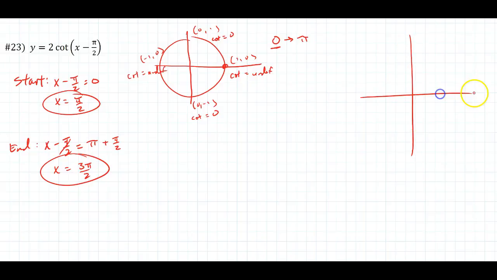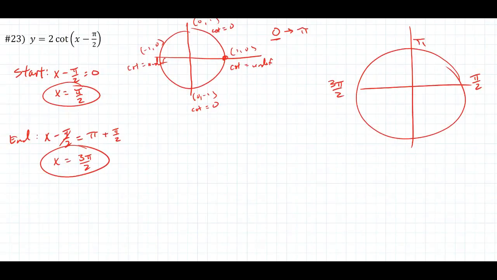So on our unit circle, we start at pi halves and end at 3 pi halves, so this has to be pi. That's good news because we don't have to change our intervals, we're just changing where our start and end points are.